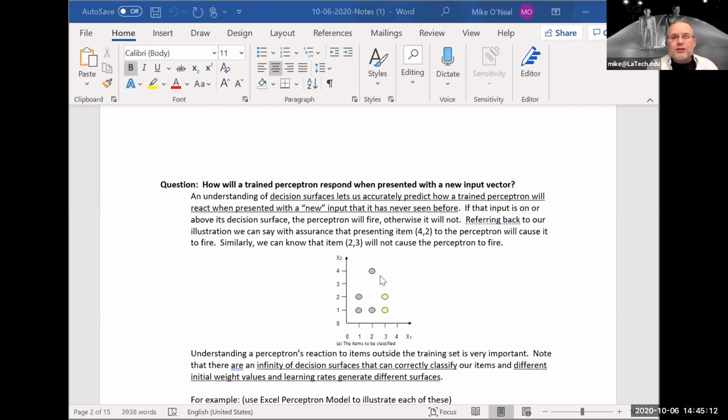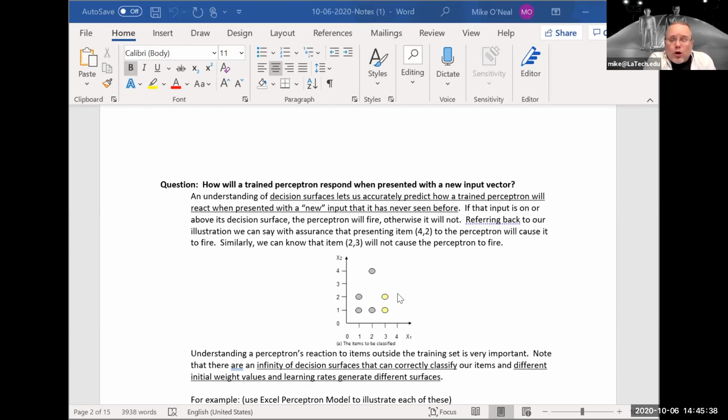Assuming the problem really is perceptron learnable, well, this guy's going to have to be in the gray class, in the don't fire class. But what's the real problem that we're modeling? What is the real shape of these sets? Because these are just sample points, right? In two classes or two sets that we're trying to identify.